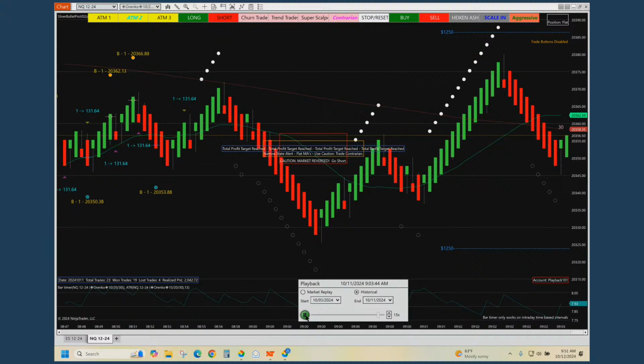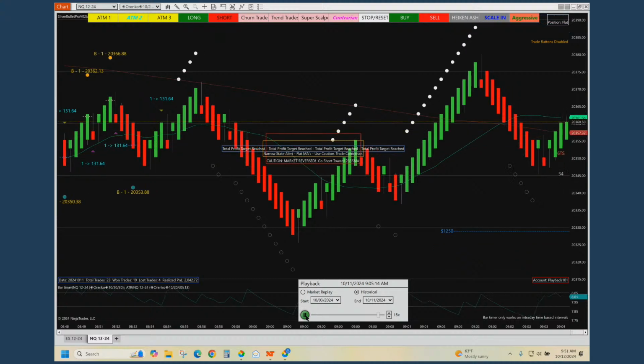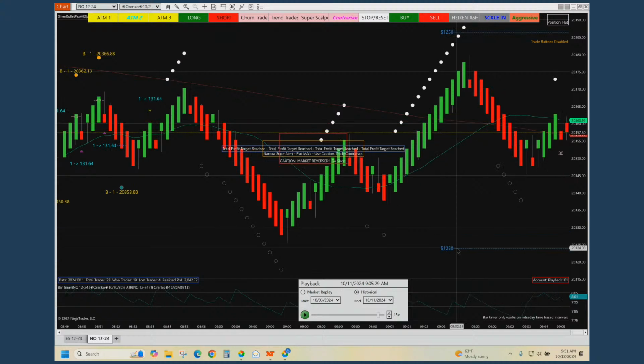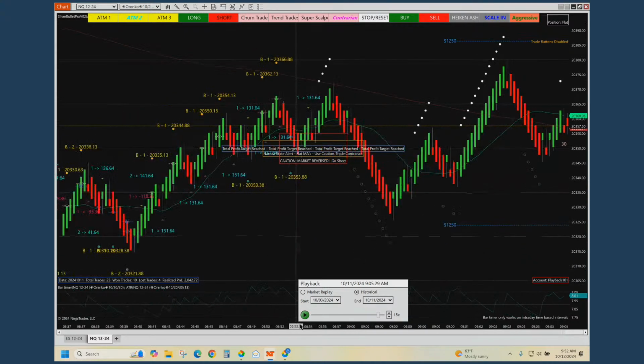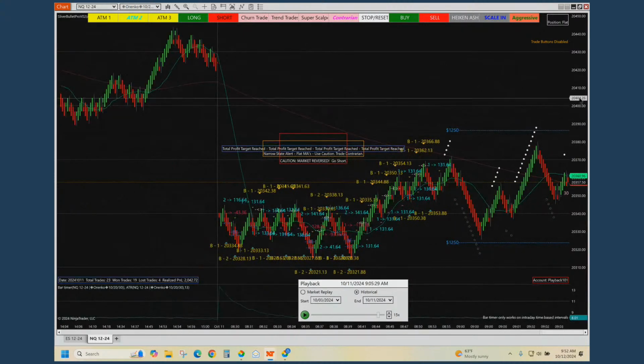But here I want to show you how the market fluctuates around 9 o'clock for maybe the next couple of minutes. So it's good to sit on your hands, not trade around 9 o'clock, and come back to the market around 9:05 or so, and see what's going on, and trade accordingly.